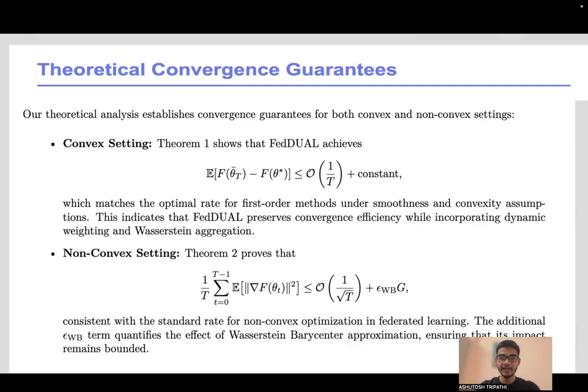And for the non-convex setting as well, we achieve the standard big O of 1 by root T, which is standard for non-convex optimization. The additional term accounts for the Wasserstein Bayesian-based aggregation, and its effect is bounded. For the full proof, please look into the appendix of the paper.